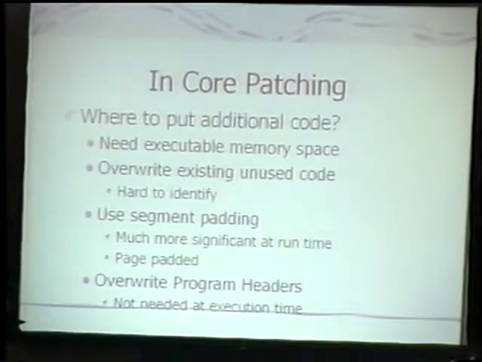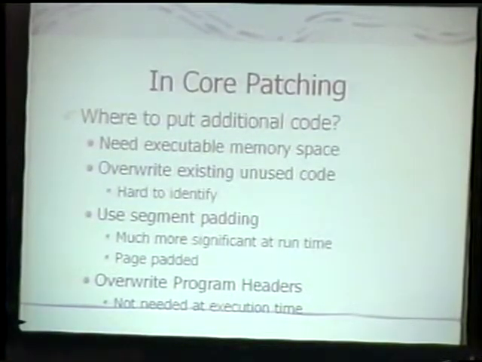We can overwrite existing unused code, again, find it. We can use the segment padding rather than the section padding. Loadable segments are padded to page boundaries, so that's normally 4096 bytes on most architectures these days, which actually means that we have quite a significant amount of segment padding. It's quite useful, and it's a fairly obvious option.